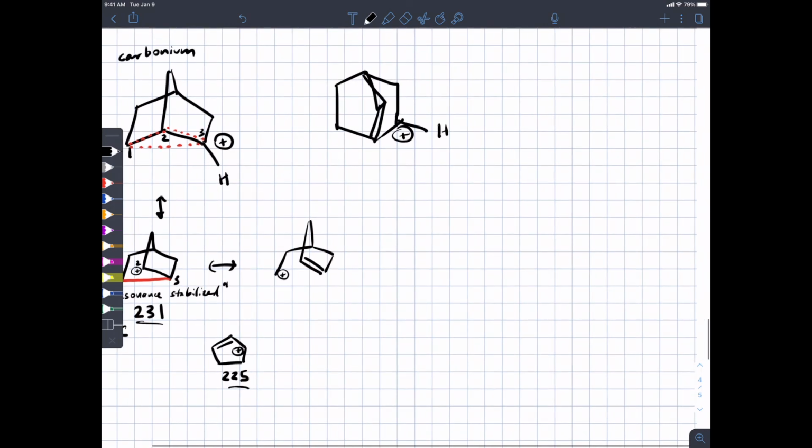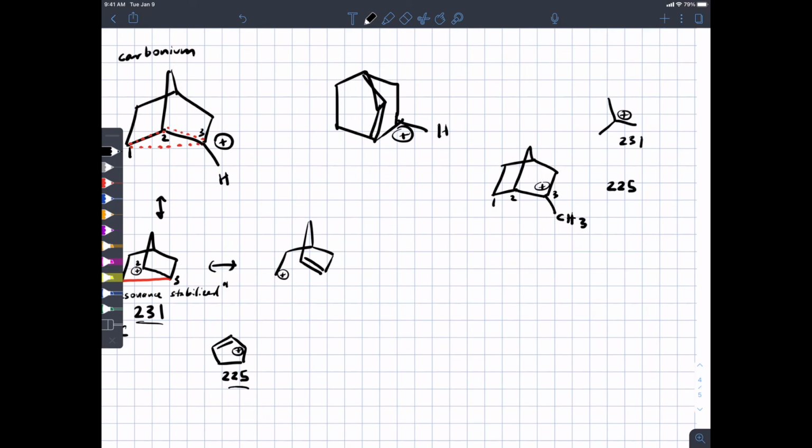Now, a funny thing happens when you do take the same molecule, but now put a methyl group on carbon 3. Now, hydride affinity goes to 225, but compared to a regular non-resonance stabilized tertiary carbocation, that's 231.